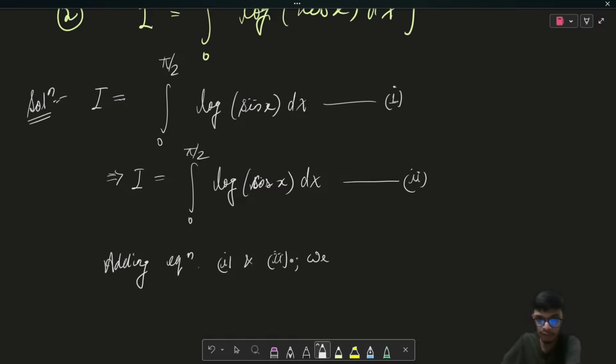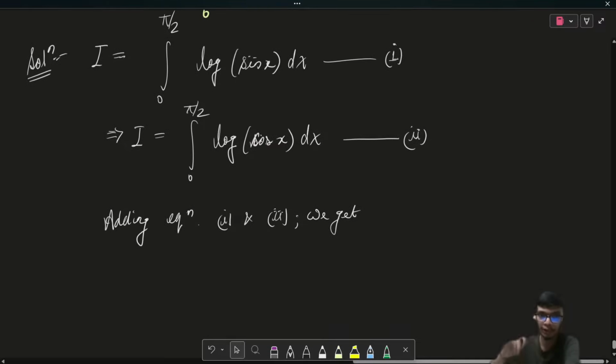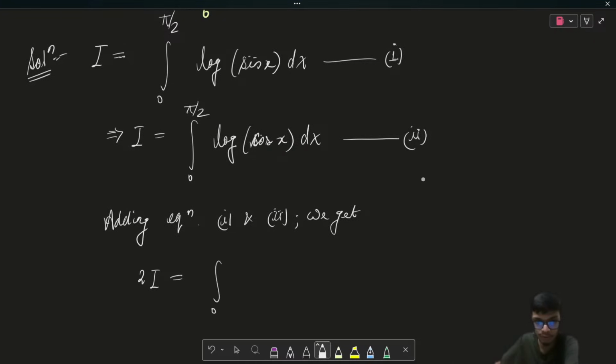When I add equation 1 and equation 2, I'm going to get 2 times I is equal to the integral from 0 to pi by 2 of natural log of sin x plus natural log of cos x.